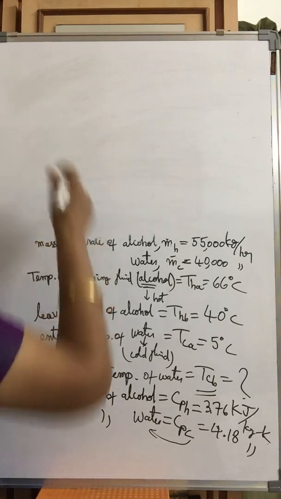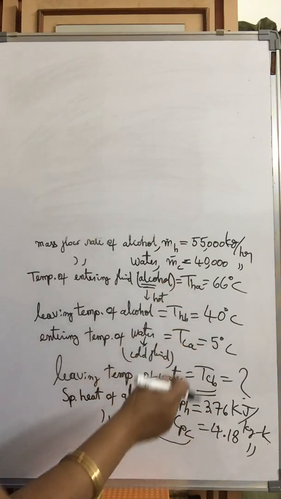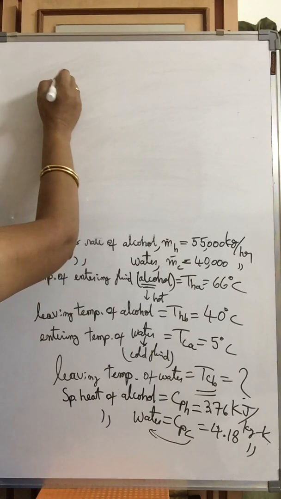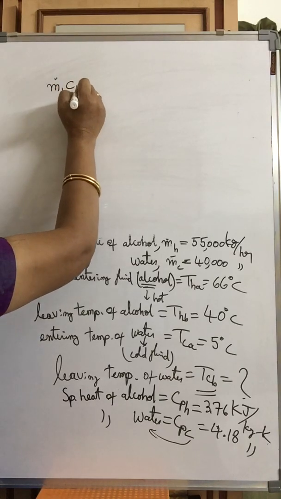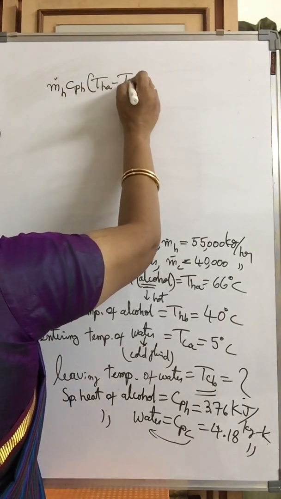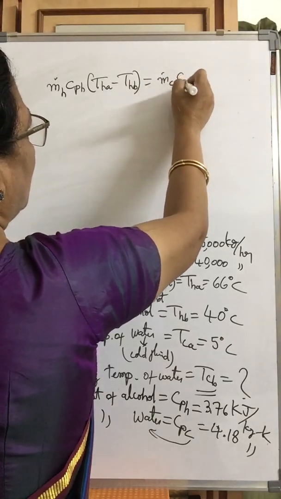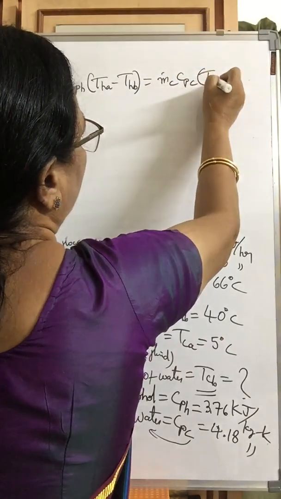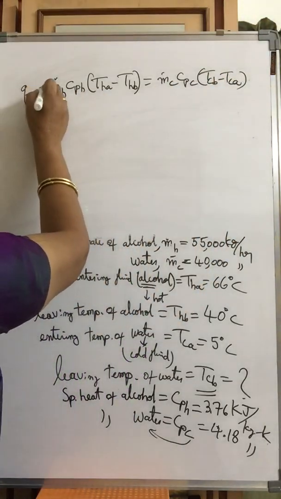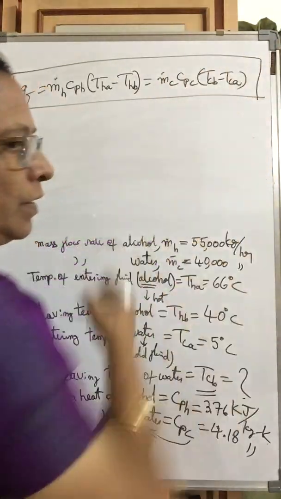Now, since specific heats are given, the energy balance equation we need to write is: heat lost by hot fluid, m dot h CpH into (THA minus THB), is equal to m dot c into CpC into (TCB minus TCA). This is equal to Q. This is the energy balance we need to take.